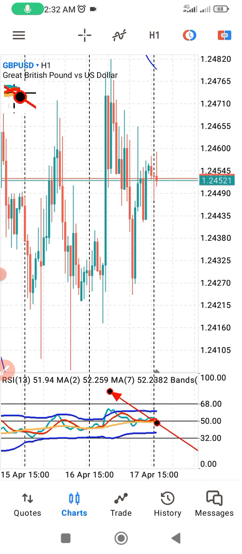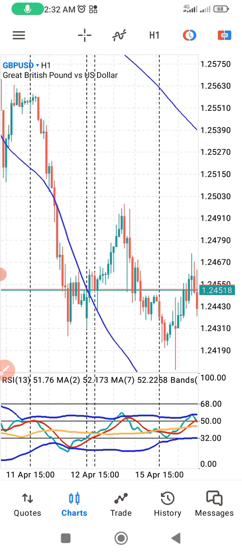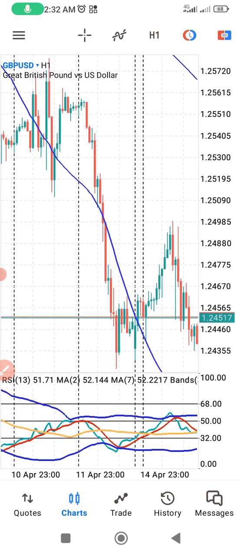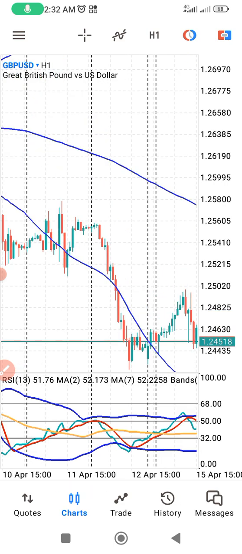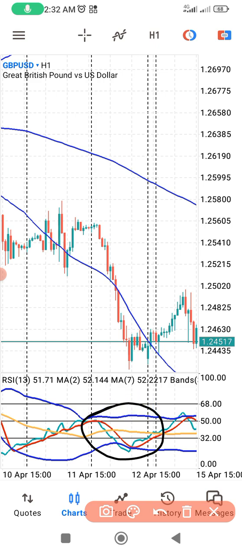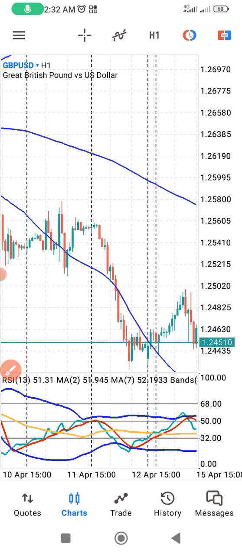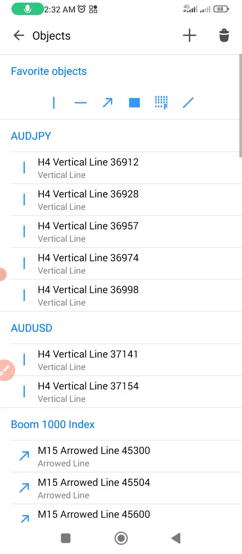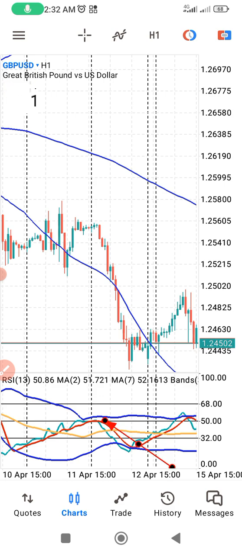So now let's dive into what we must avoid while trading with the TDI. Number one, avoid trading when the Bollinger Band shrinks together. The Bollinger Band of the TDI helps us to determine the market volatility.